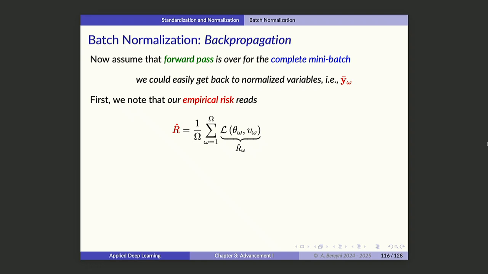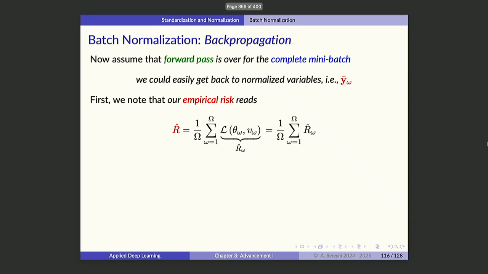So theta omega is your output for that particular sample omega, and V omega is the corresponding label. You compute the loss, but the key point is that this theta omega is not only depending on sample omega. It's also depending on the features of the other samples because you have done batch normalization, right?